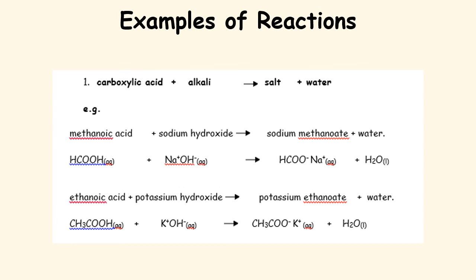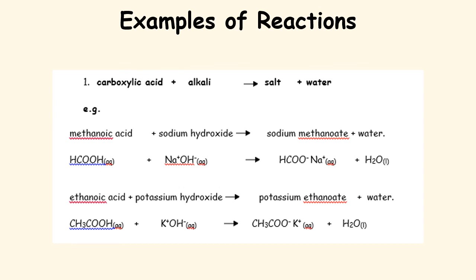So that has been our introduction to carboxylic acids. We learnt about the carboxyl functional group, the COOH group. We learnt how to name carboxylic acids, and we know that a carboxylic acid must always appear at the end of a chain, so it's always on carbon number 1. We learnt some of the uses of carboxylic acids.